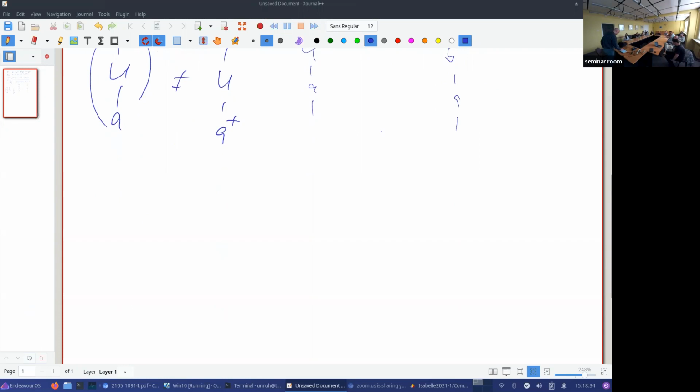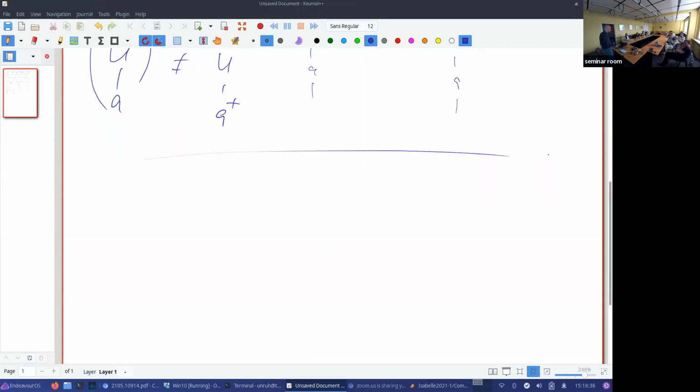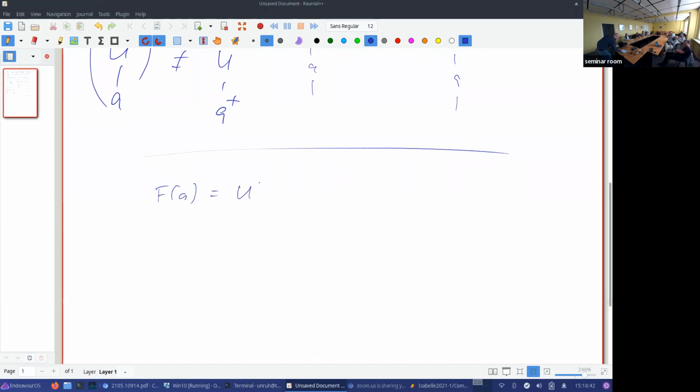So actually, the only functions that are registers in a different representation of registers are the functions of the form f of A equals U, A tensor identity, U dagger, for a unitary. So that's a mathematical corollary of the definition. So it's actually quite restrictive.